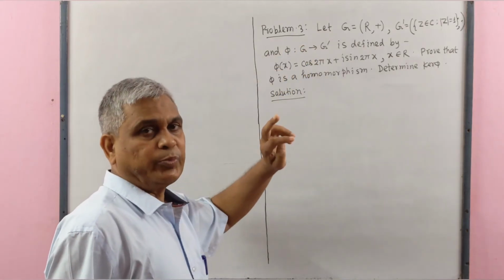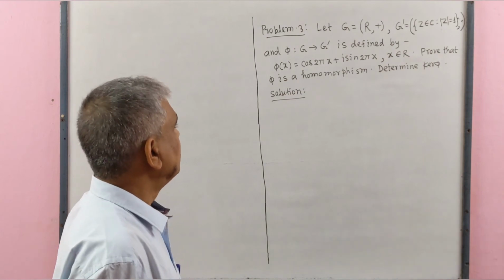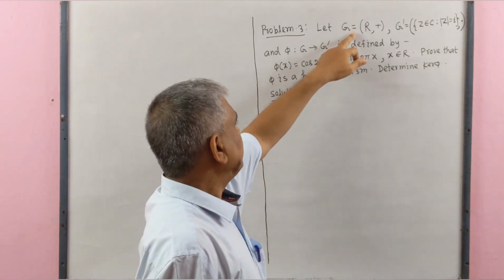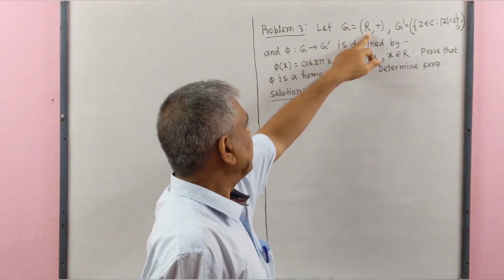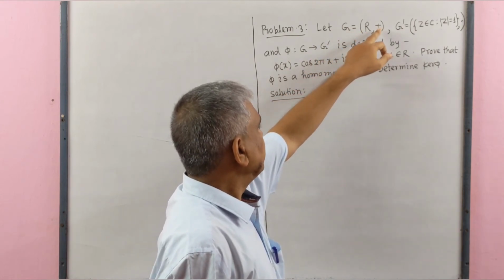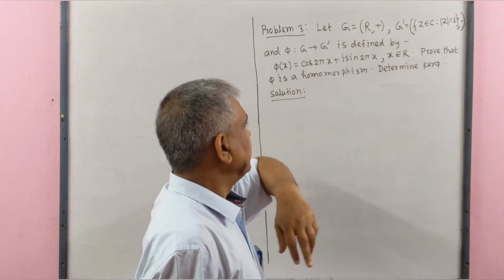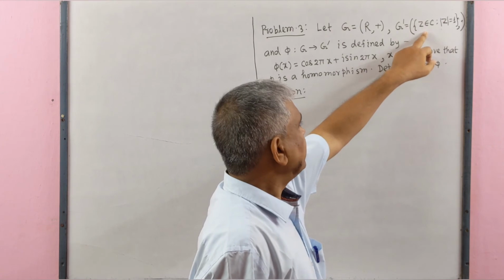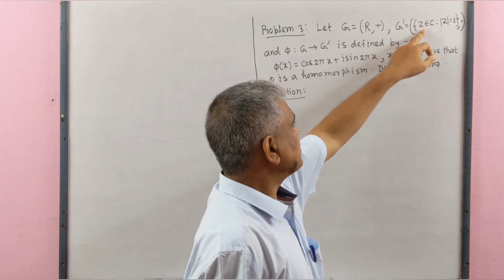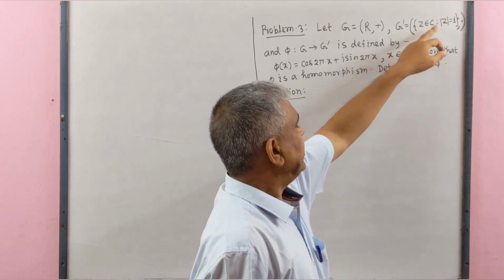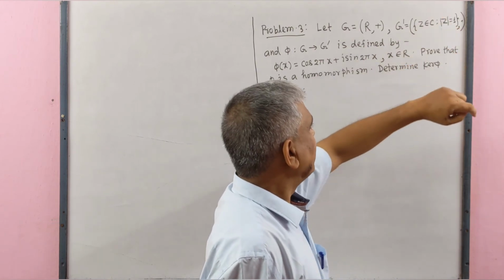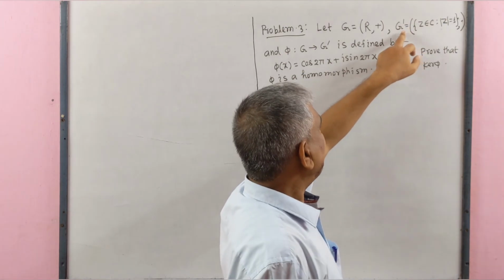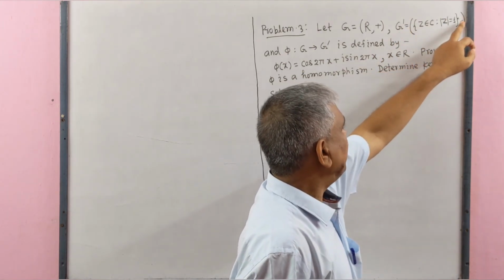Now we solve problem number 3. Let G equal the set of real numbers with binary operation addition, and G prime the set containing all those complex numbers z such that modulus of z equals 1, with the binary operation being simple multiplication.